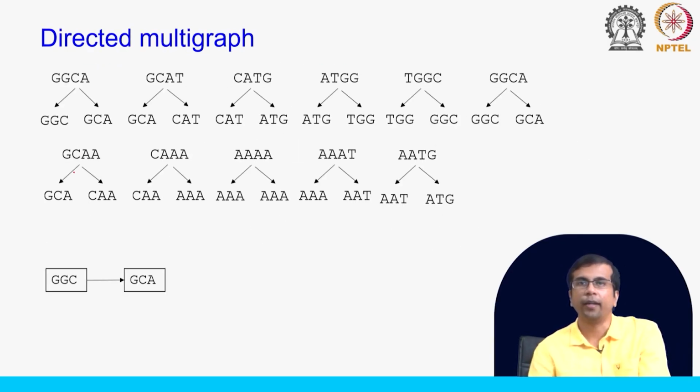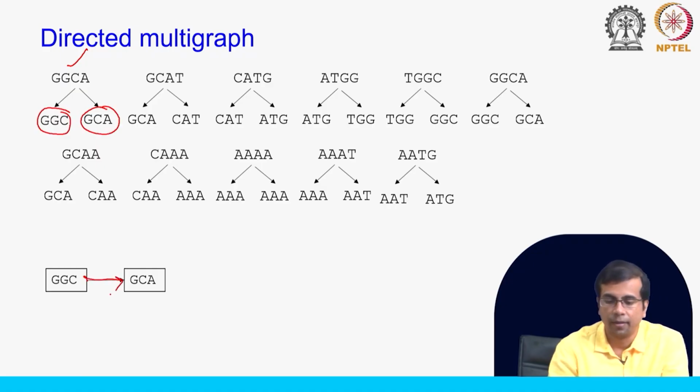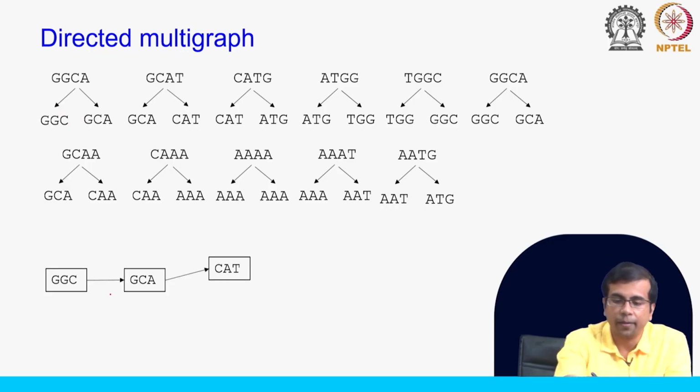Now, we can take these k minus 1 mers and build this directed multigraph following the same process that we just described. We start with this one, let us say, and we have GGC and GCA. So, this will be the connection. Now, we move on to the next one, GCAT.